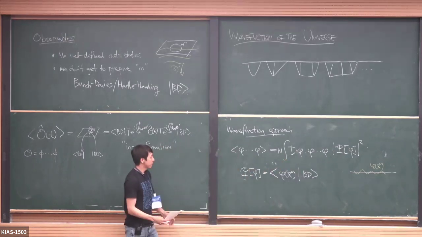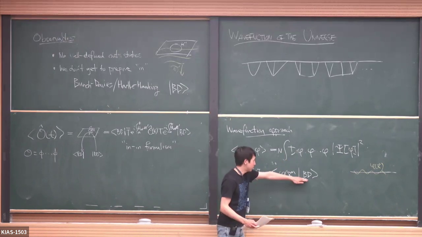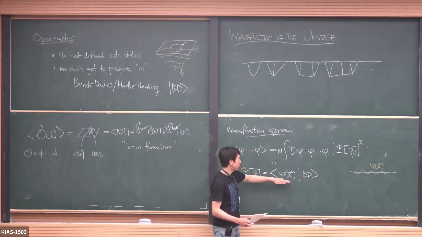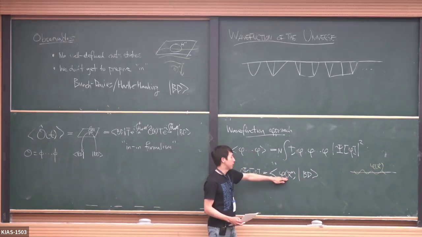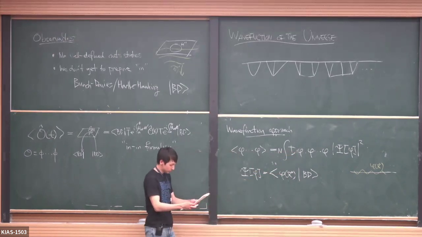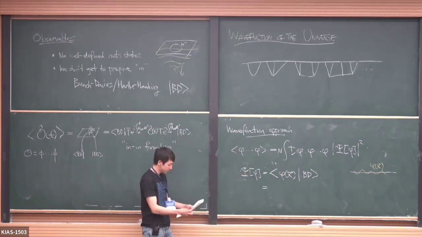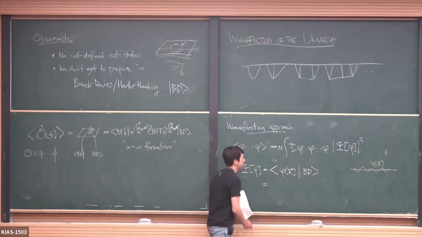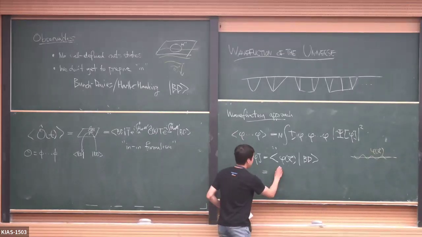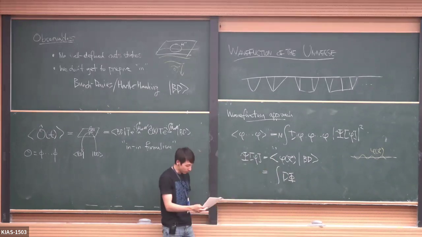So this is basically the probability of starting from this Bunch-Davies state, and then at late times having this particular field configuration on the late time slice. And this overlap can be expressed as a path integral in the standard way.